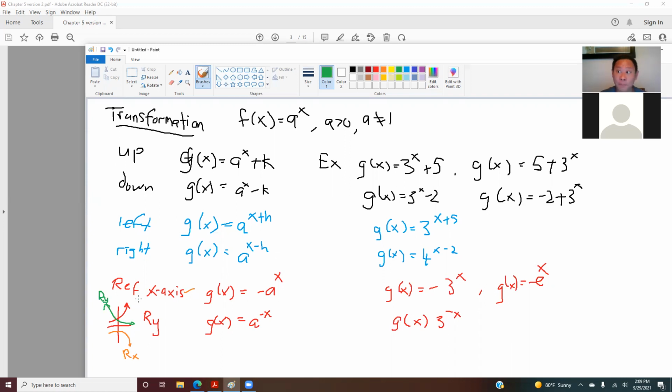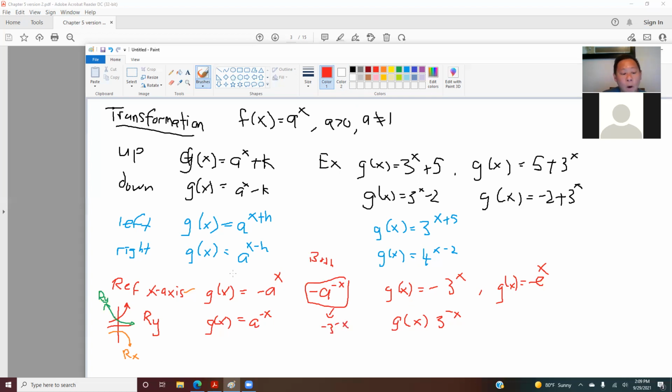If you have both, yes, you can have both. In order for you to get both, you have a negative on both sides. So you will get negative a, negative x. This means you will have both a reflection on the x-axis and a reflection on the y-axis. It will look something like negative 3^(negative x).